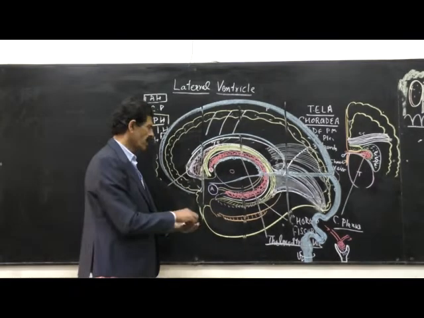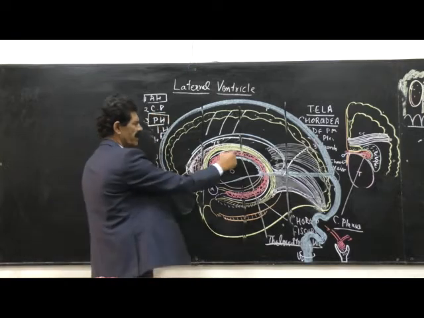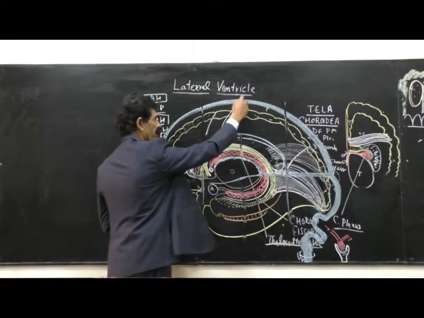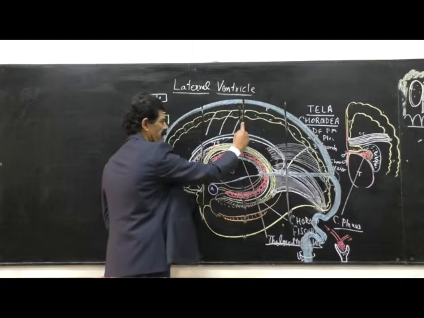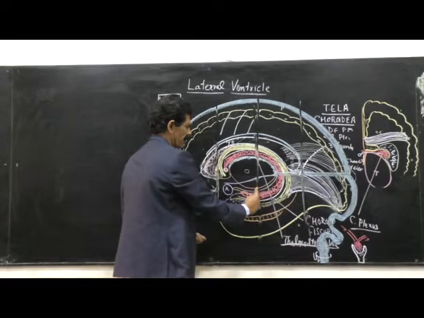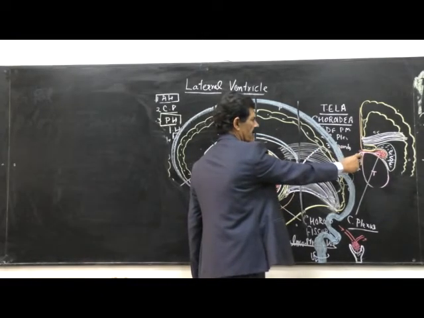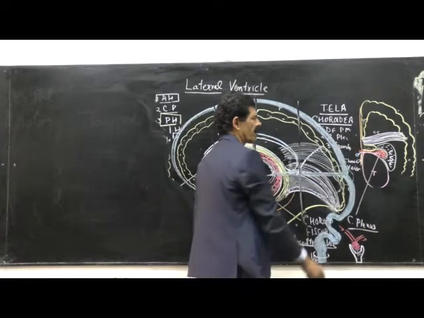Now we will switch on to the central part of the lateral ventricle. So in this we have to cut the cerebrum in the center. When we cut here, which we have already discussed with the choroid plexus, then this is the central part of the lateral ventricle.